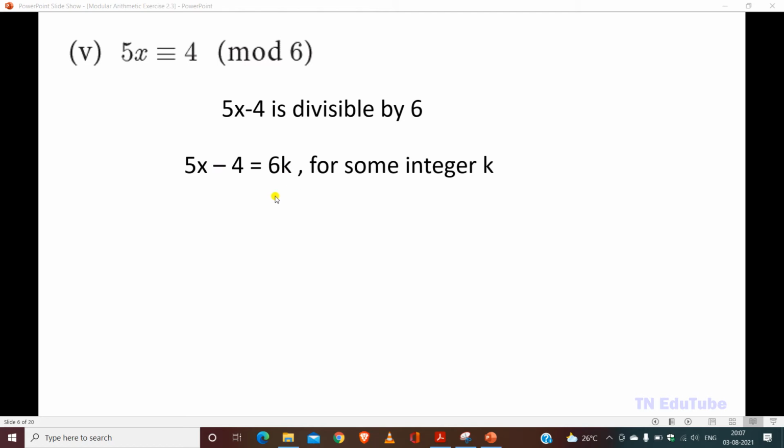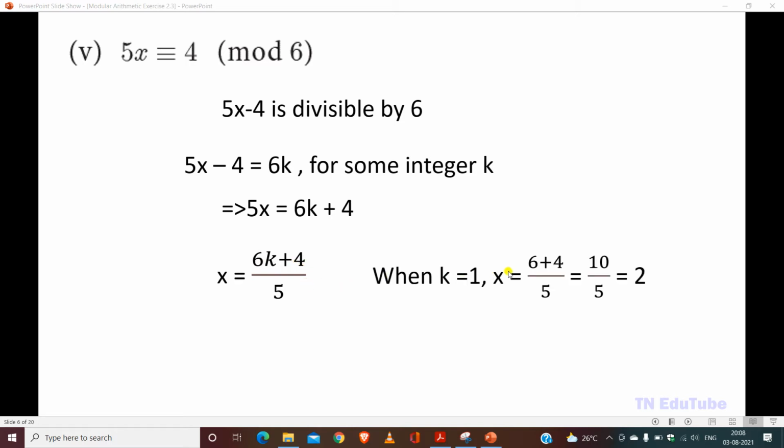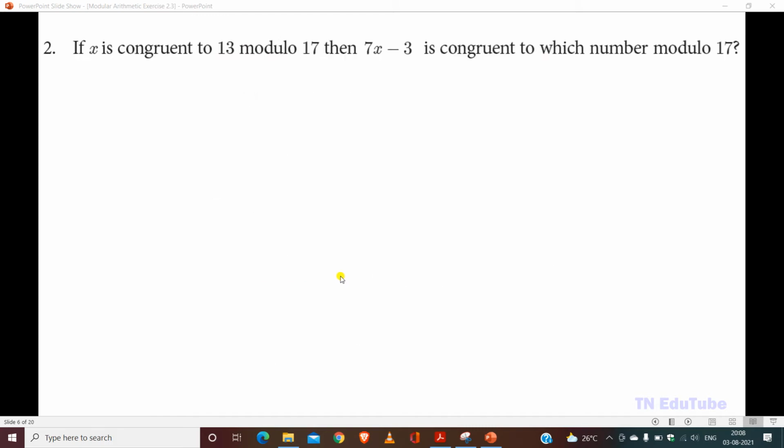Take the 4 to the right side: 5x equals 6k plus 4. Then the value of x is 6k plus 4 divided by 5. This number must be divisible by 5. So what value should we substitute for k? When k is equal to 1, 6 plus 4 is 10, and 10 by 5 is equal to 2. So the least value of x is 2. That is the answer for Roman letter 5.